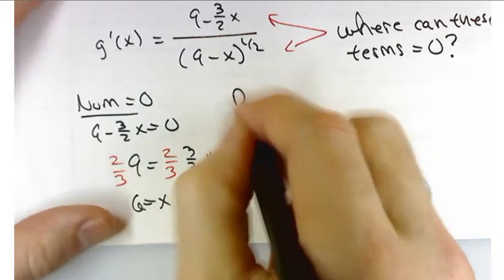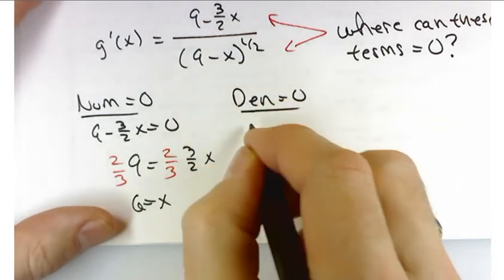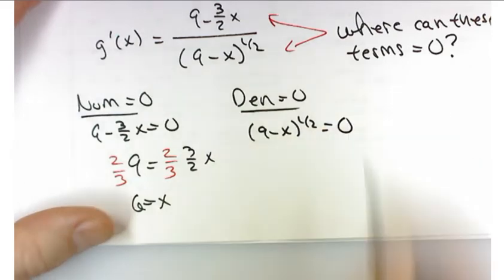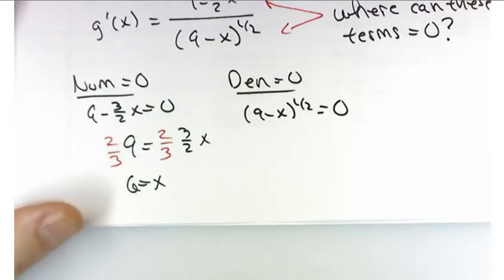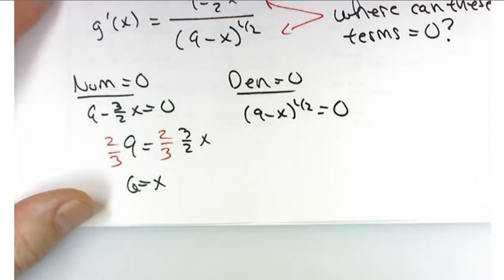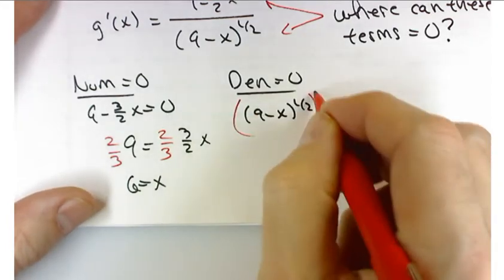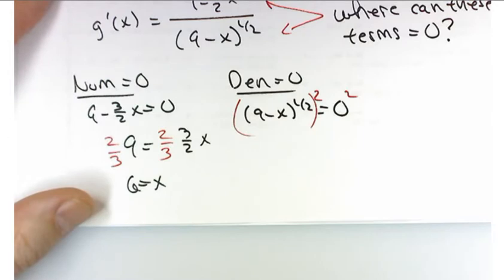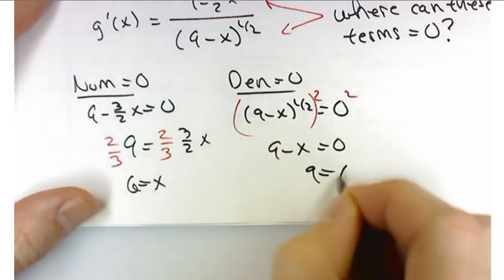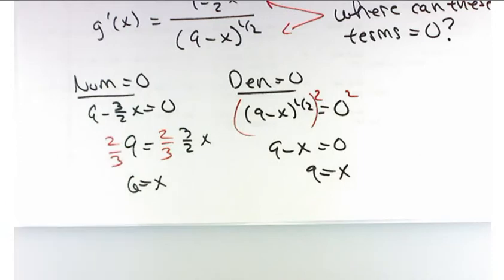How about the denominator equals 0? Where does 9 minus x to the 1/2 equal 0? If you're not comfortable with this, you could square both sides and get 9 minus x equals 0. Or somebody forecasted a little while ago that x equals 9.